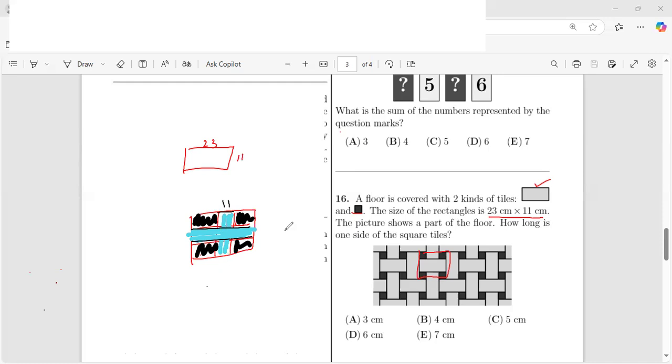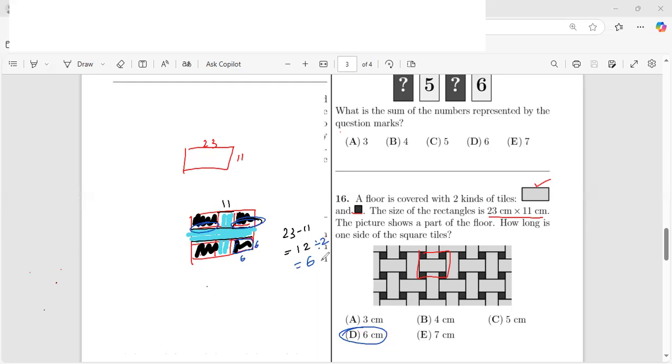So what does that mean? 23 minus 11 is 12. So this, let me use a different color. So this and this part is equal to 12. Since they are squares, these parts will be equal. We divide by 2, so this equals 6. So the dimensions of the square is equal to 6. So one side of the square is equal to 6 centimeters.